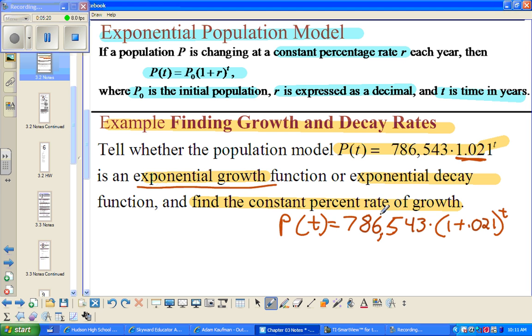What's the rate of growth? Well, this decimal here tells us 0.021. That would be a growth rate of 2.1%.